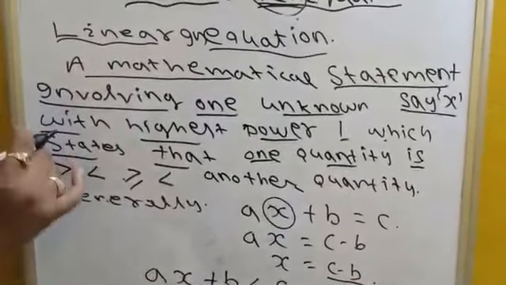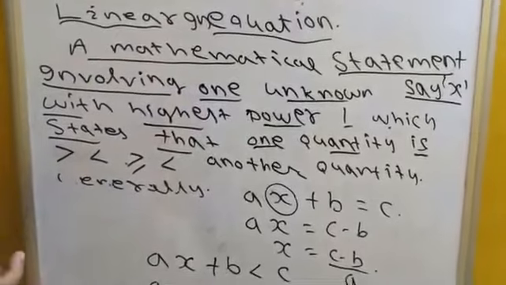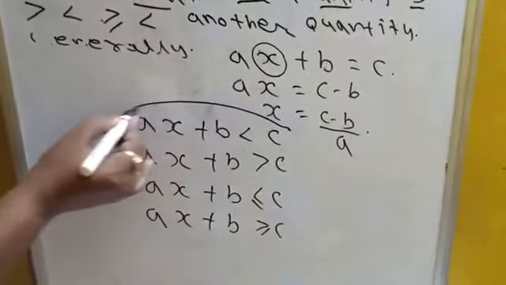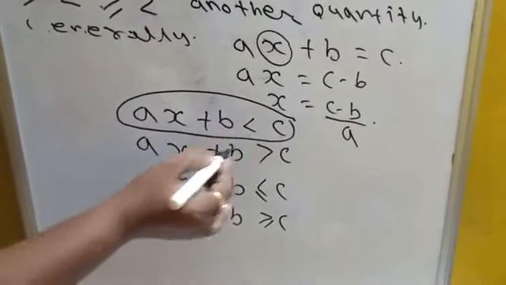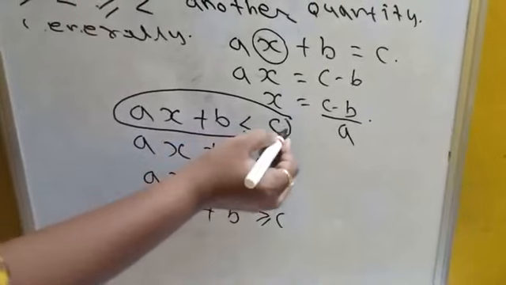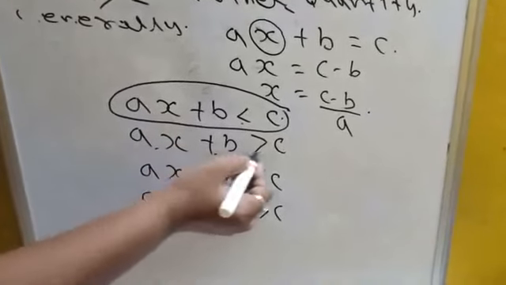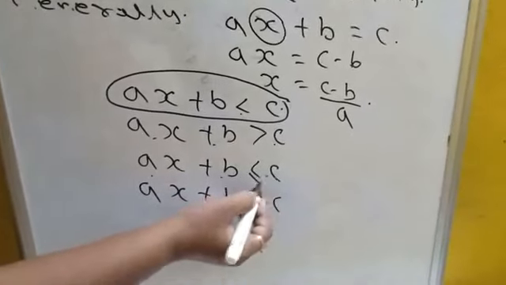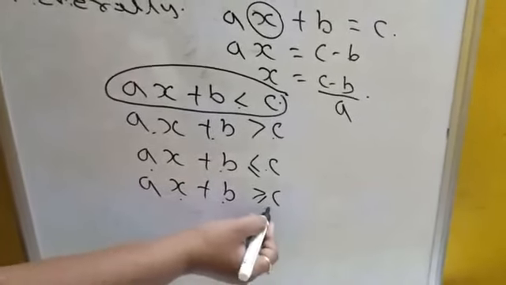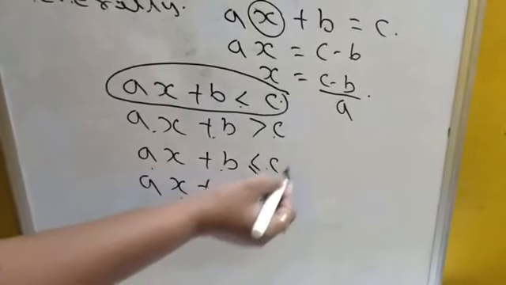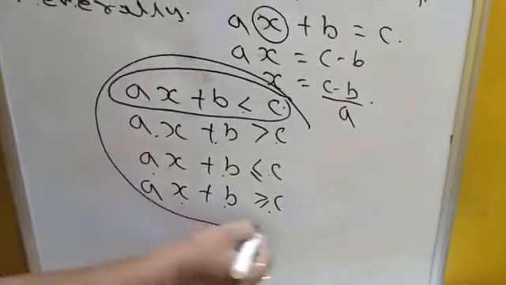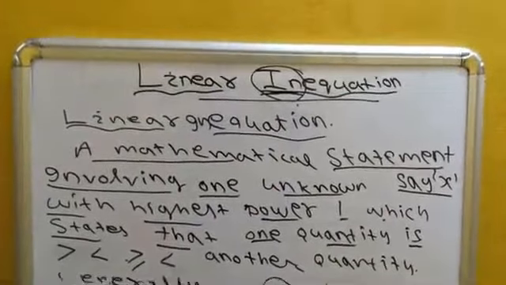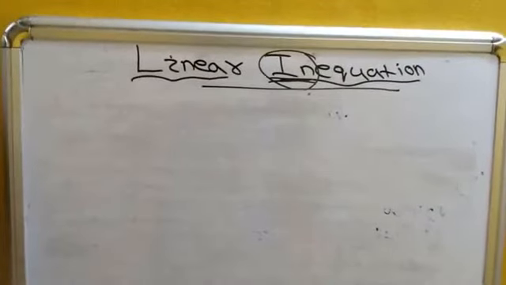Generally, we write ax plus b less than c, ax plus b greater than c, ax plus b less than or equal to c, ax plus b greater than or equal to c. These are the general forms of the linear inequation.